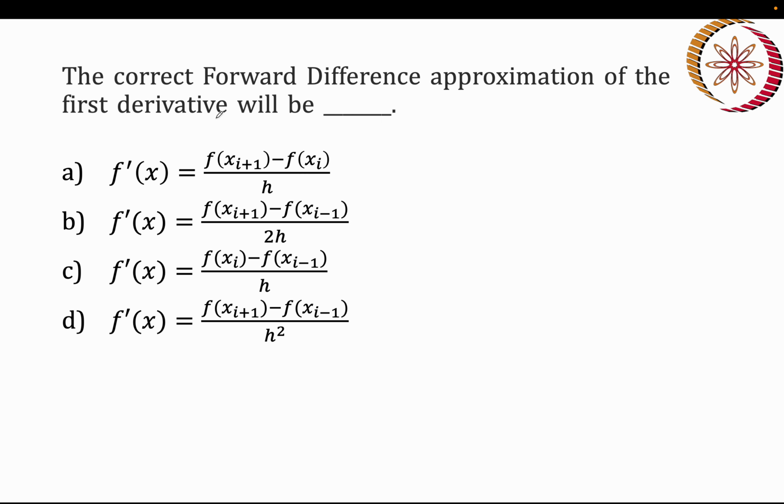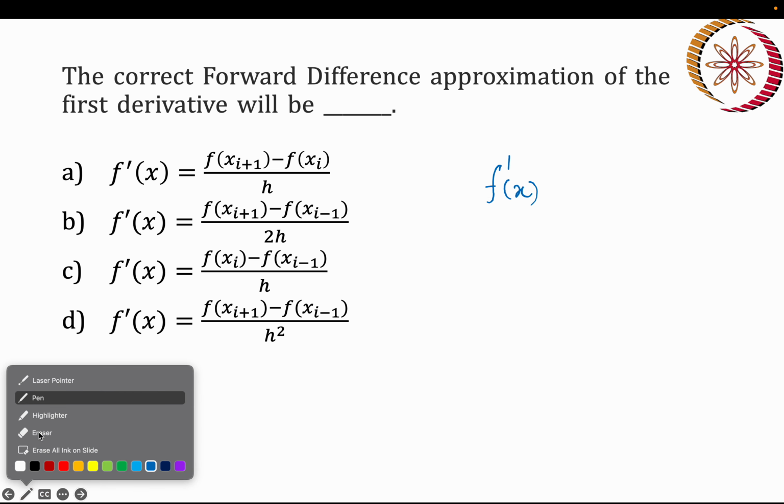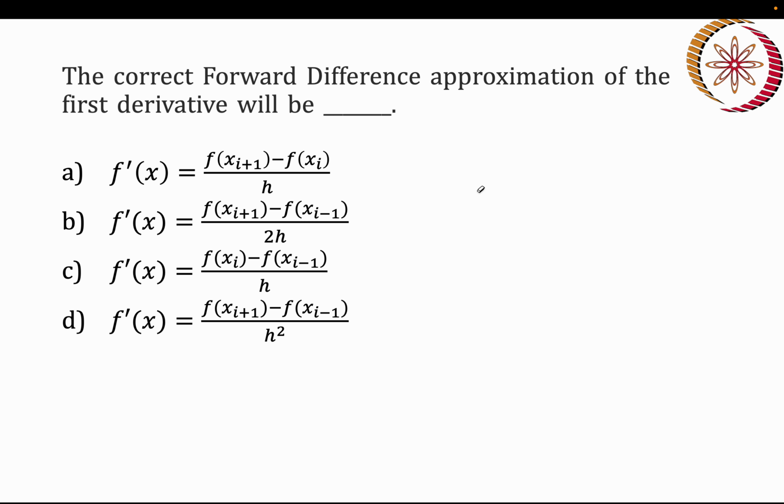So we just solved a problem where the options are already there, so we can see from here. This first option computes the derivative. Let's say this is the ith location, so we are taking the next term.